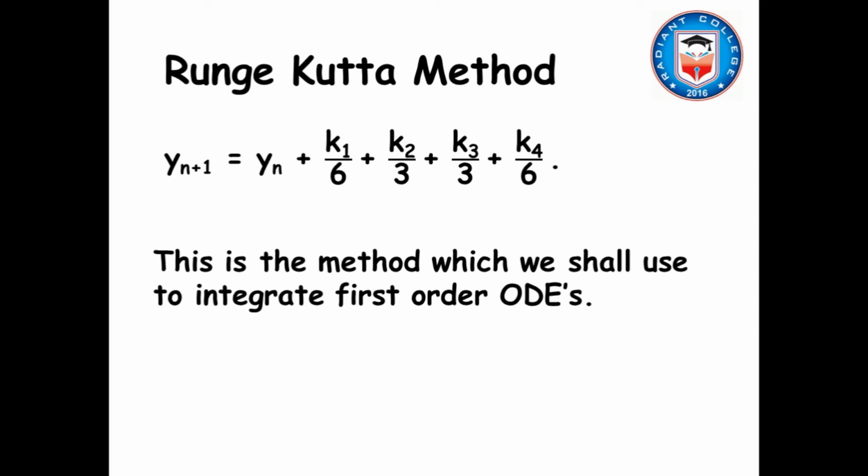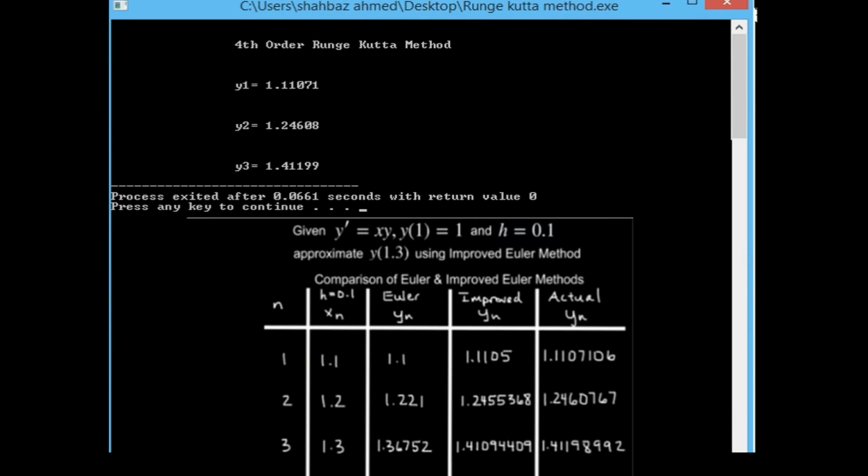Students, here we have an example. I have already calculated in a C program the fourth order method, where y prime is equal to xy, x0 is equal to 1, y0 is equal to 1, and step size of 0.1.